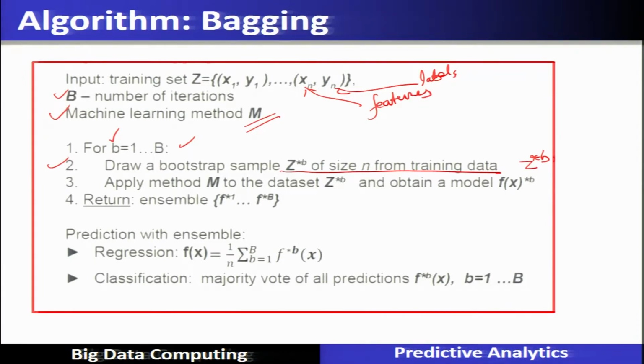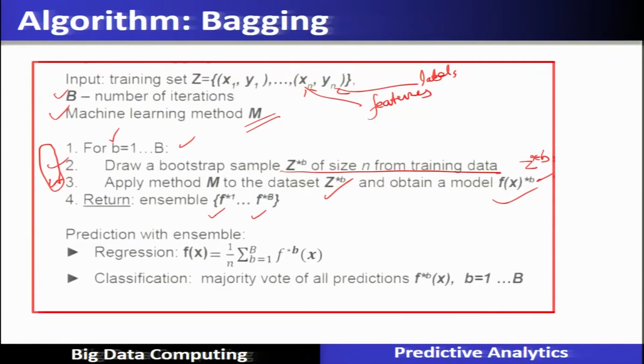Now we apply the machine learning method M on this data set, z star b, and obtain a model. Let us call it f star b. That is, at the bth iteration the model will be f star b. Finally, after carrying out the B iterations, we generate the ensemble, that is the collection of different models.